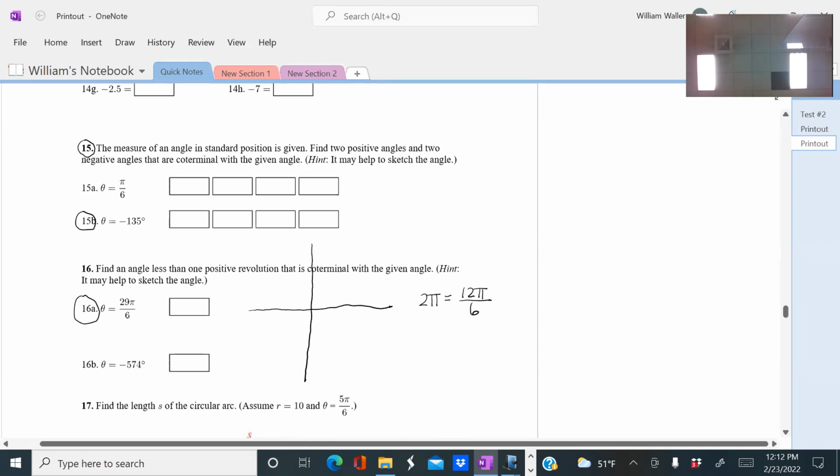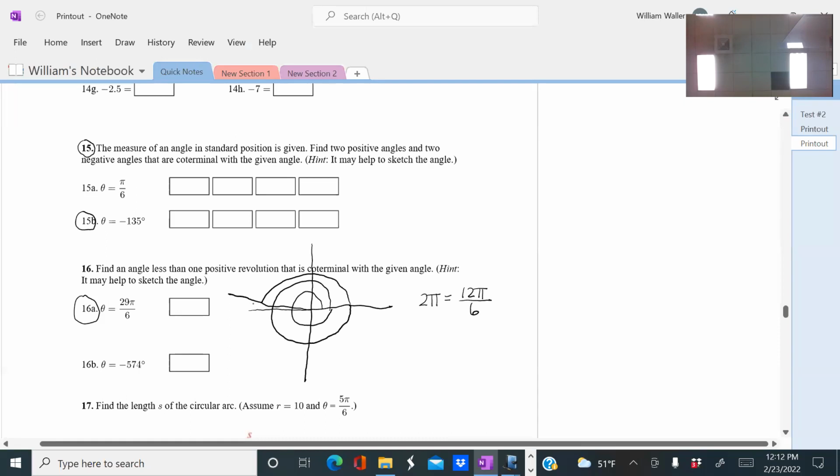So see, that helps you because you can see how many revolutions you have in here, right? In 29 pi over 6, you have what? One revolution is 12 pi over 6. Then what would another revolution be? 24 pi over 6. So you have an extra what? 5 pi over 6. Oh, that's easier to figure out. 5 pi over 6 would take you right there into the second quadrant.